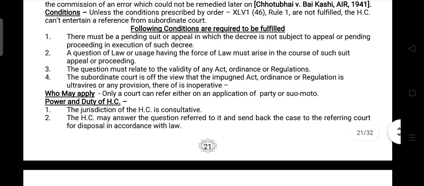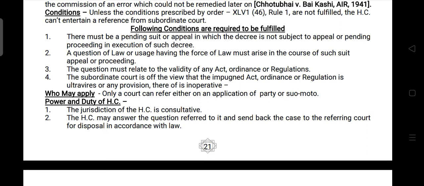So there are four conditions which are required to be fulfilled under Order 46 Rule 1 of the Civil Procedure Code for the purpose of making a reference. First, there must be a pending suit or appeal in which the decree is not subject to appeal, or a pending proceeding in execution of such a decree.